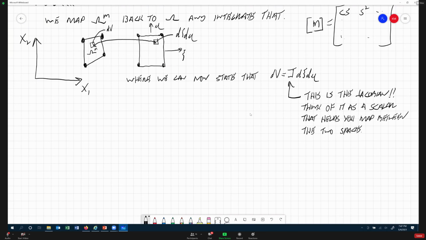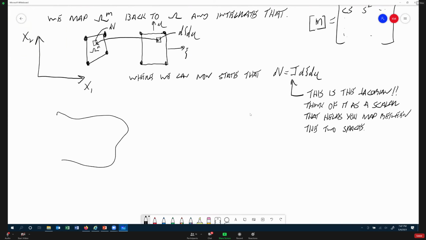And even more so, if we have our potato, and I have some element here, and let's say I have another element over here, not that you would do this, but let's say that within the same volume, the potato, I have a 4 element and an 8 element.